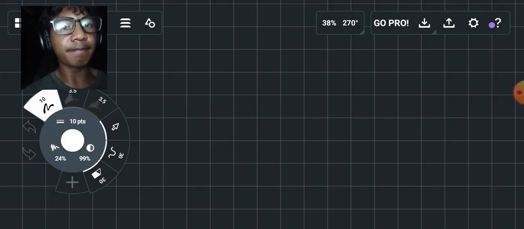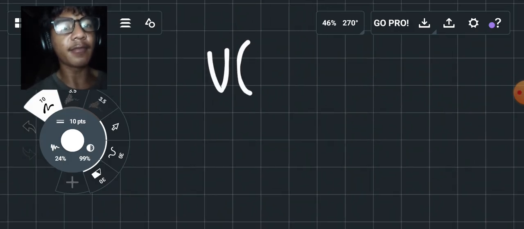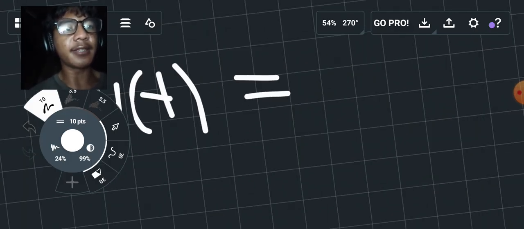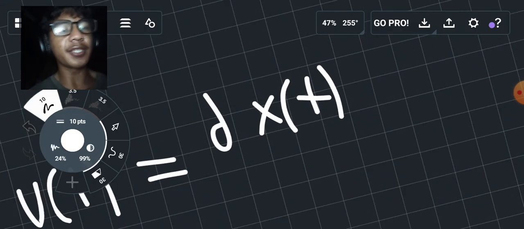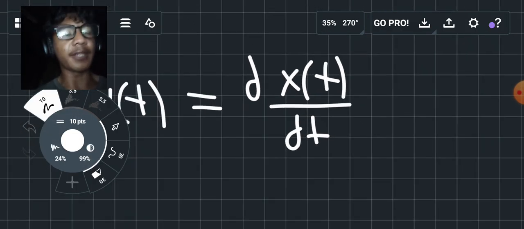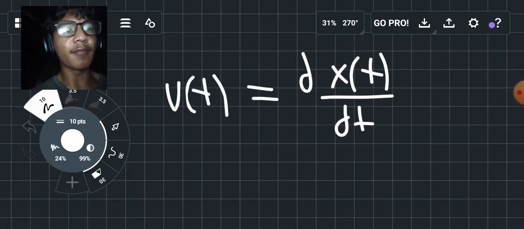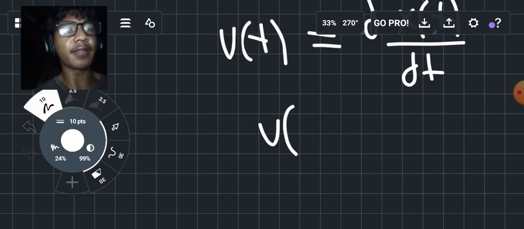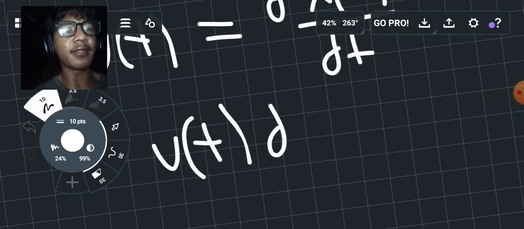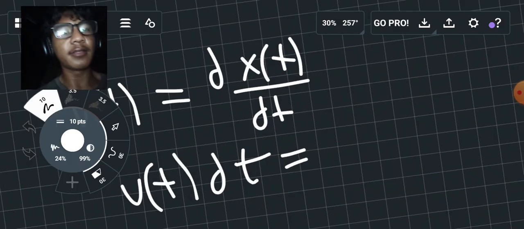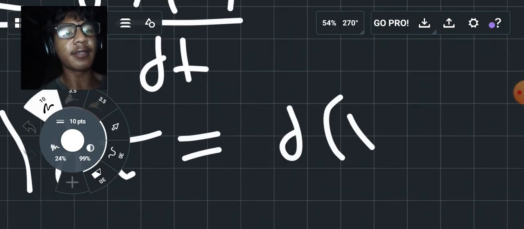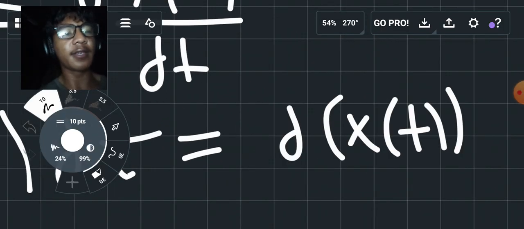We define the velocity as the derivative of the position function with respect to time. By separating variables, v dt is dx.